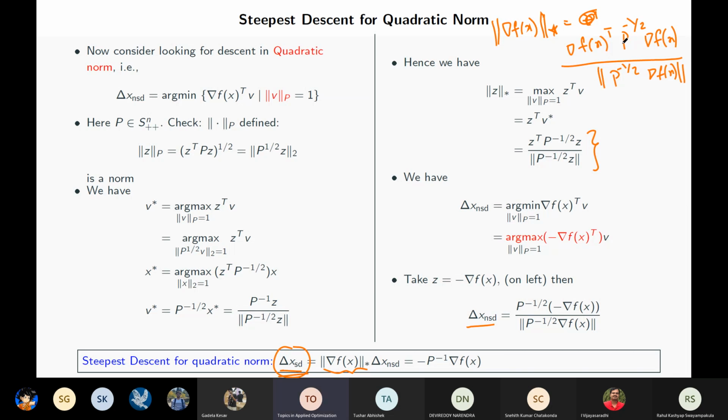And this times this. So this calculation I believe is left up to you. So you have to multiply this part. So p minus half, some cancellations will happen, grad fx by norm of p minus half grad fx.